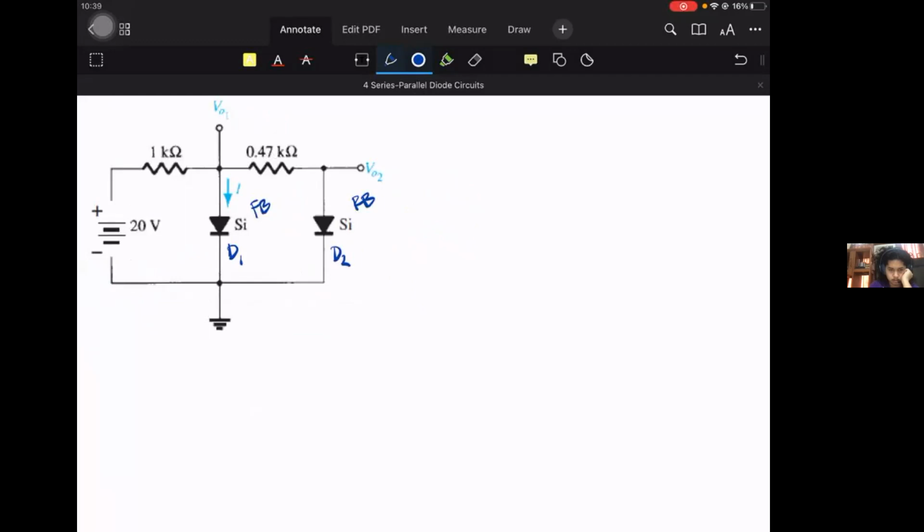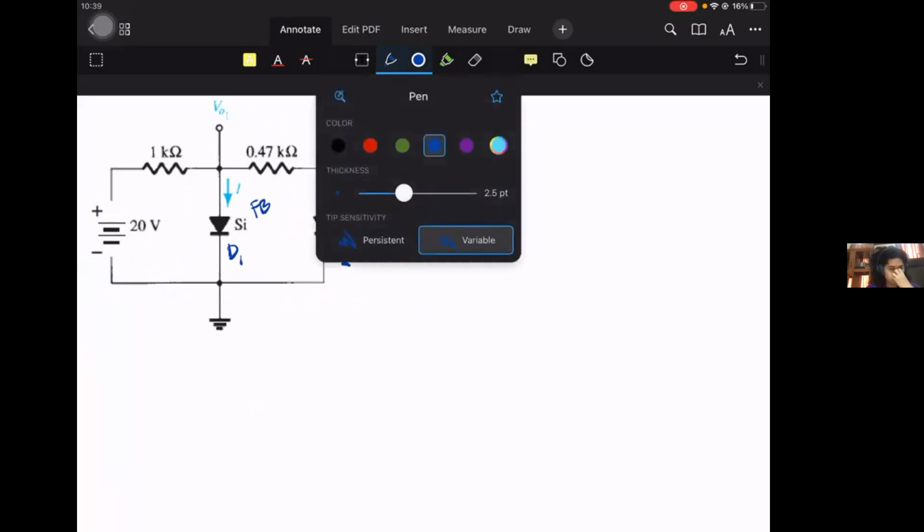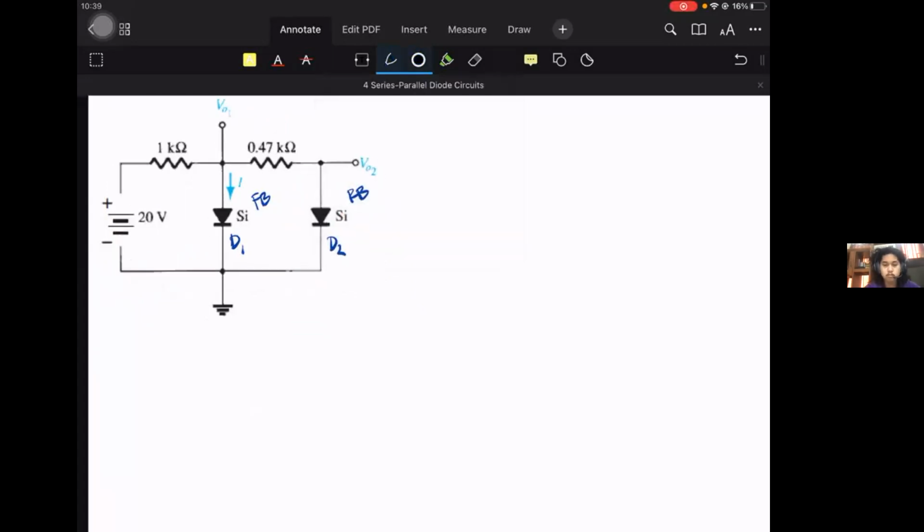pwede ba ito mag-nodal? Dito ka nodalaan eh. Both of them are silicon diodes, no? I'll try to withdraw this one para mas dali nyo ma-visualize.